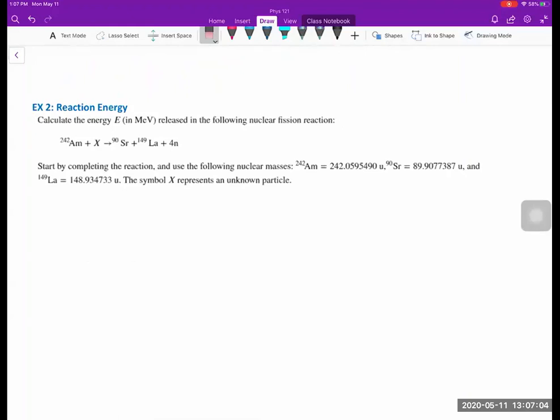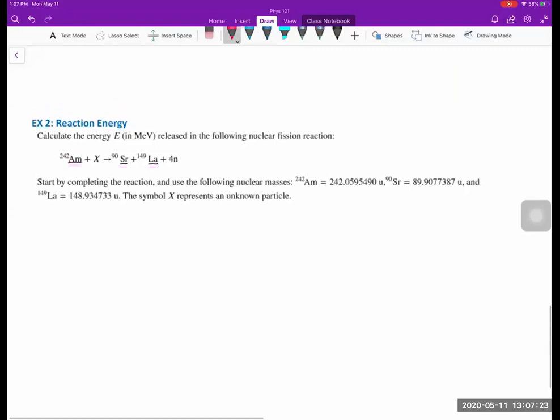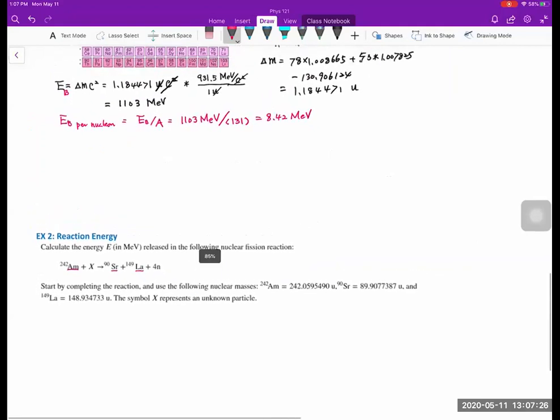The element is the symbol they put here. X is the unknown element we try to find out. This is another element, this is another element. I don't know the name of this element, but just treat it as a symbol. Then you look at the periodic table.